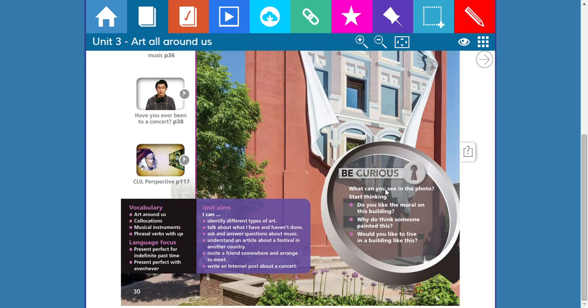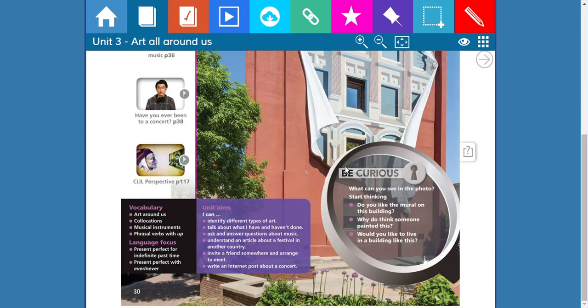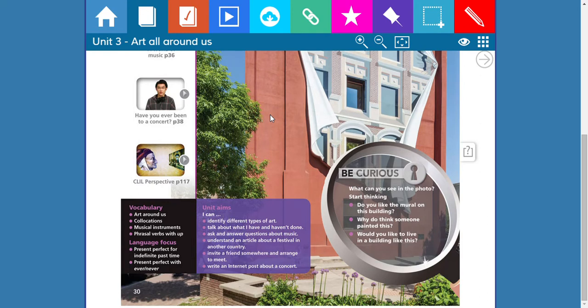What can you see in the photo? Start thinking. So you told me it's a house, it's a building, there are windows. Do you like the mural on this building? It's not exactly a building. It's like a stage, or a scenario, maybe for a play or acting.